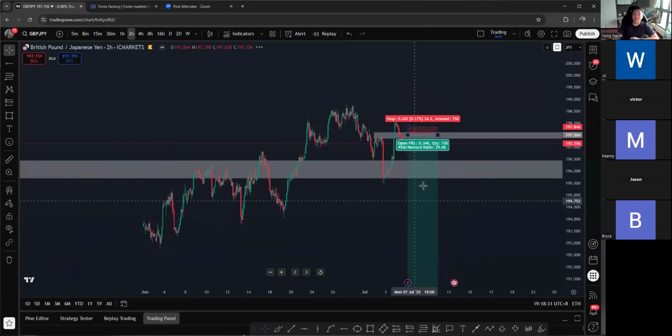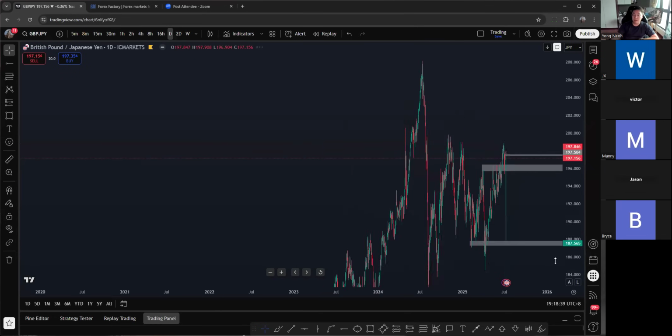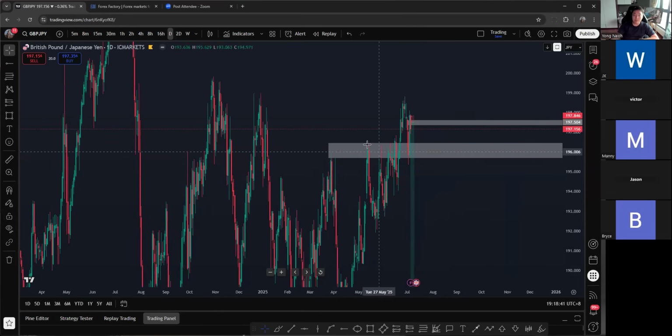A conservative entry will be a break below 196. This is the area that I'm concerned the most as well. If I were to short it there, my first alert will definitely be set at 196. So basically the same view, just you have a conservative entry, I have an aggressive entry.